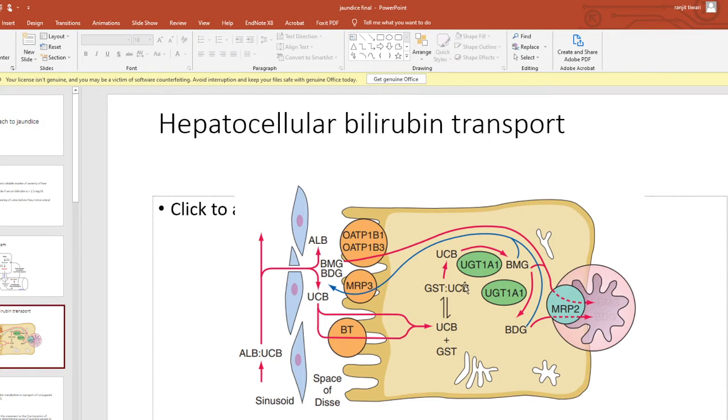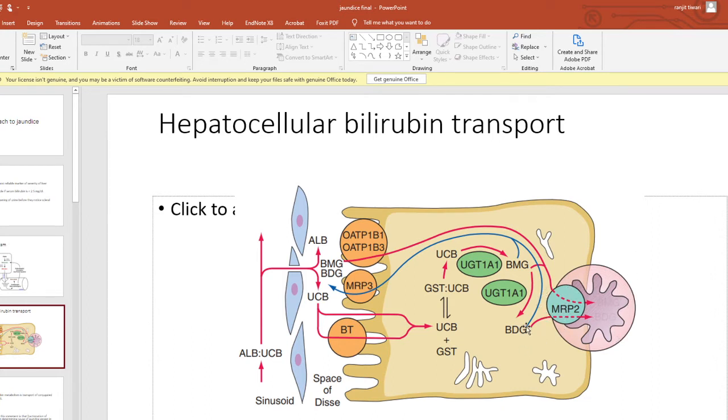In this way there is equilibrium, and here you can see unconjugated bilirubin is acted on by the enzyme UGT1A1, and it forms monoglucuronide and diglucuronide. BMG is monoglucuronide, and this is bilirubin diglucuronide. After it is conjugated, it is transported by MRP2. This protein transports it into bile.